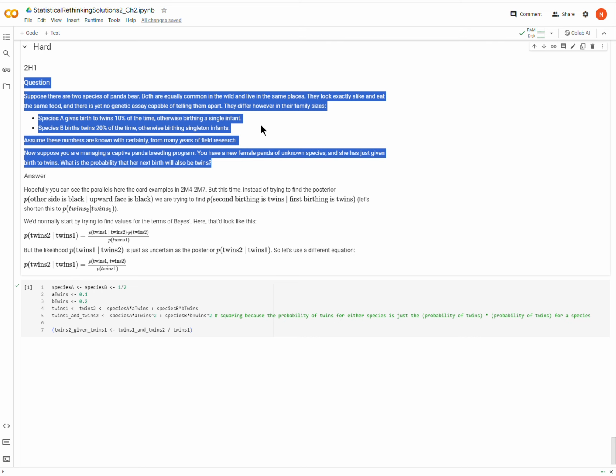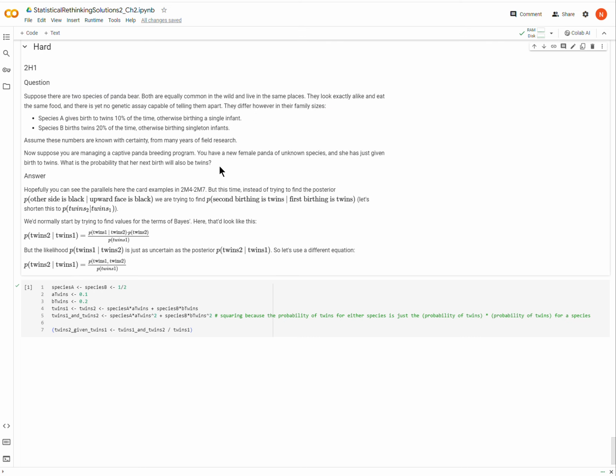So then we're asked to find the probability of, well, first we make the observation that one of these pandas has had a set of twins, and we want to know what is the probability that the next birthing that this panda has will also be twins. Okay, and again, all that we really have to go on is the information about how the two species differ.